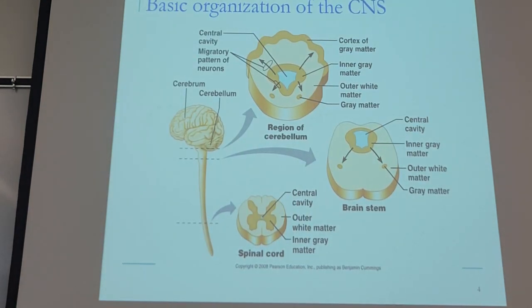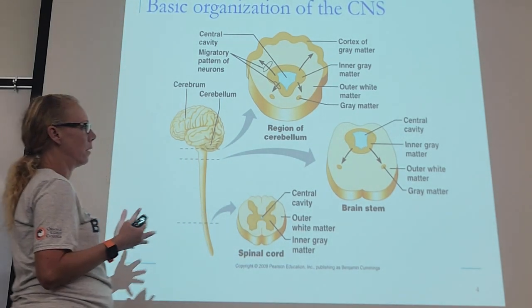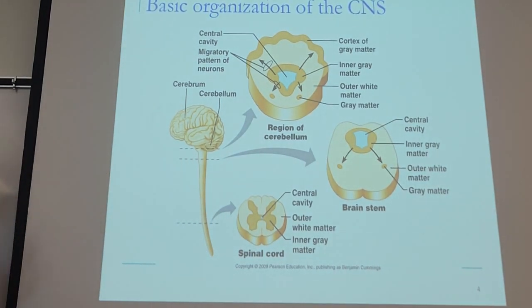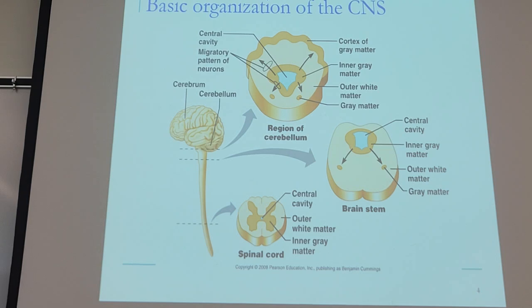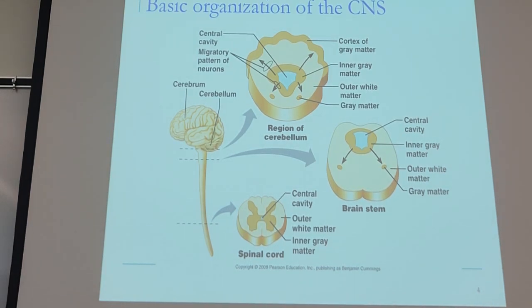All right, so as far as the CNS goes, the way the gray matter and the white matter is organized is slightly different, okay? So let's review. What type of structures do we find in gray matter? Just rattle them off. Interneurons, what else?